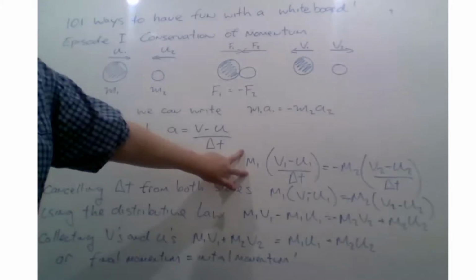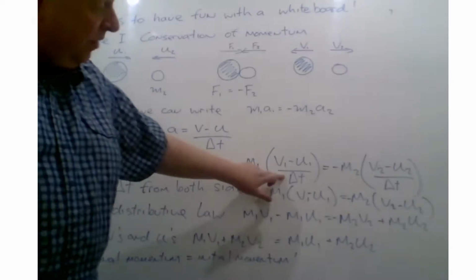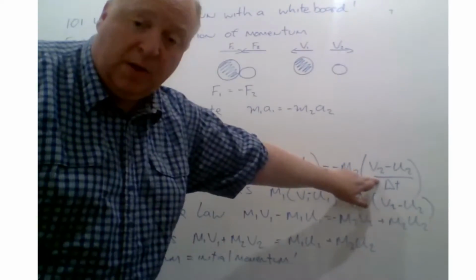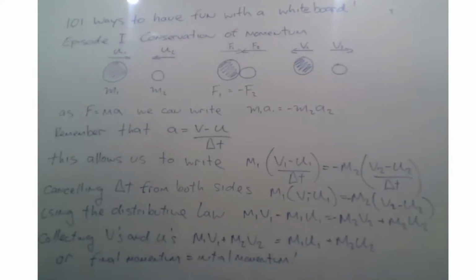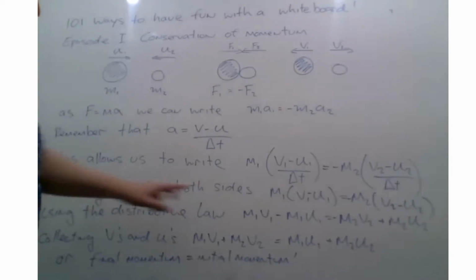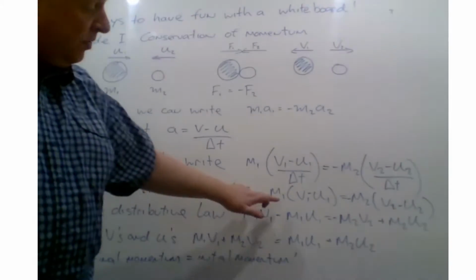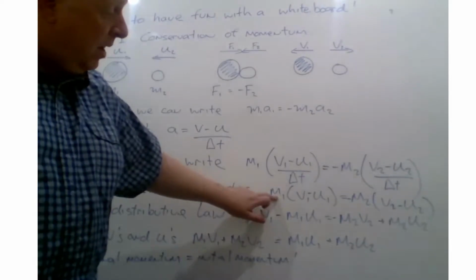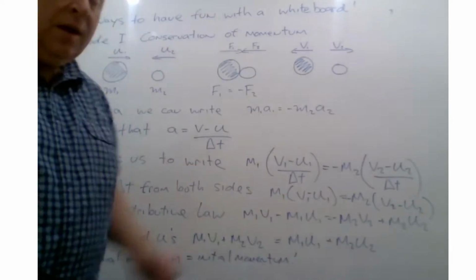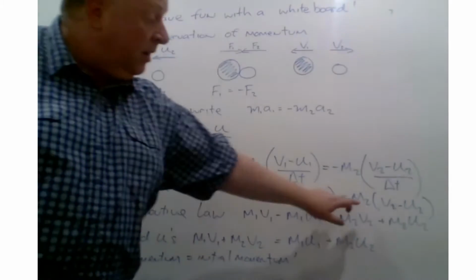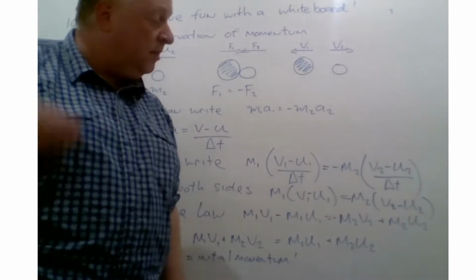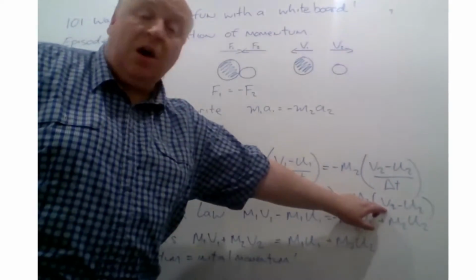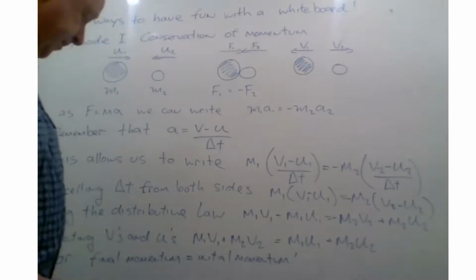Okay, now looking at this expression, we can see we have this time on both sides of the equation, so we can actually cancel that out. Cancelling from both sides, we can now write the mass of ball 1 times the change in velocity of ball 1 is equal to minus the mass of ball 2, again times the change in its velocity.